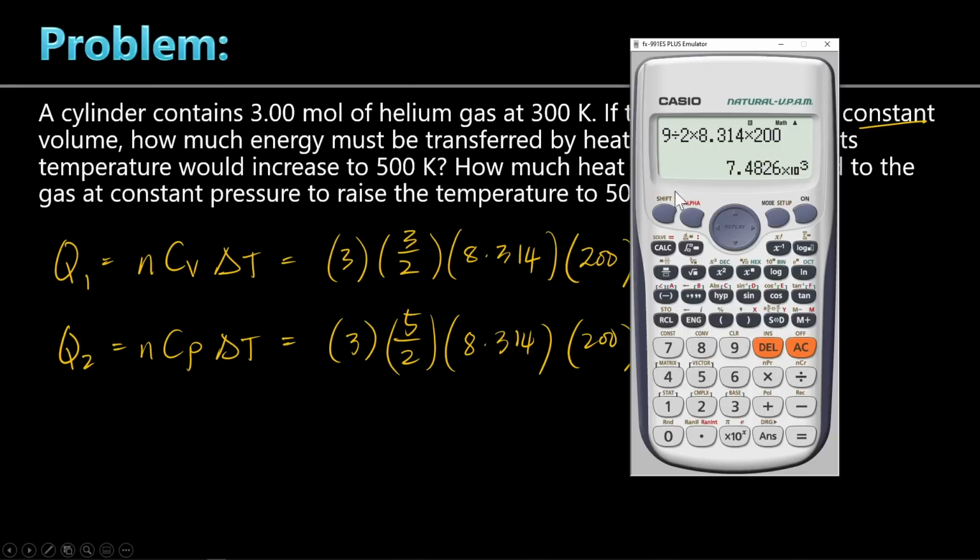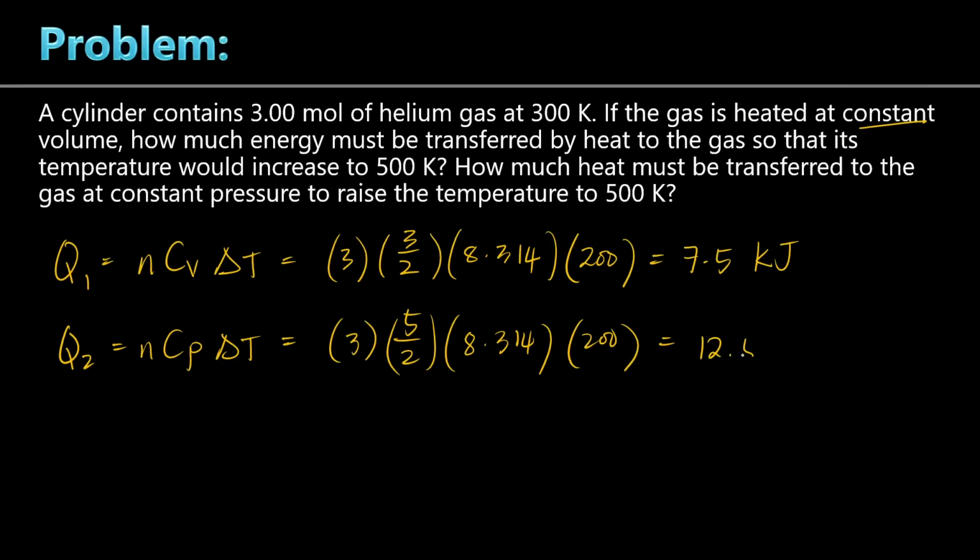Okay, i-edit na lang natin yung kanina. 3 times 5 is 15. So, 15 divided by 2 times 8.314 times 200. The answer is, ayan, we have 12.5 approximately. 12.5 kilojoules. Okay, so from 7.5, nagkaroon tayo ngayon ng 12.5 kilojoules.